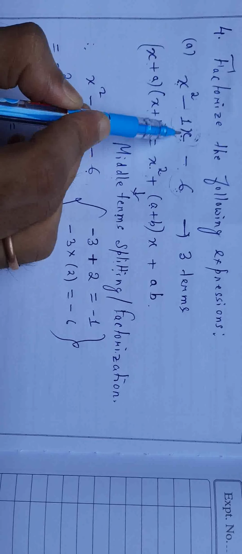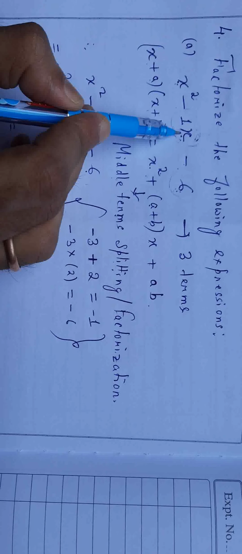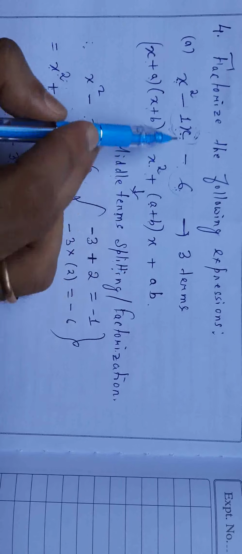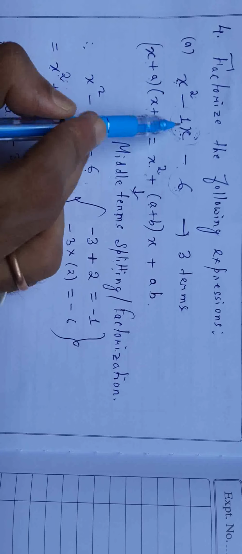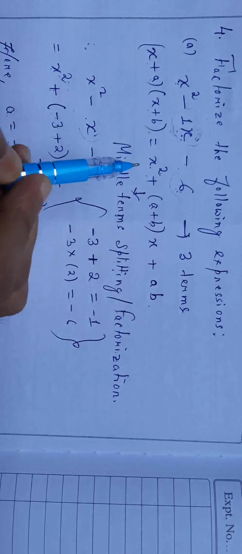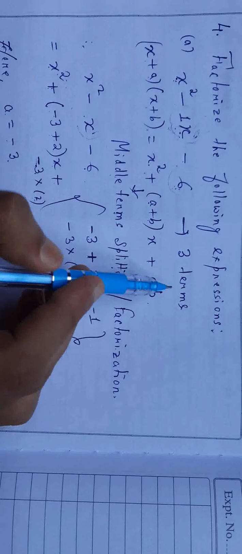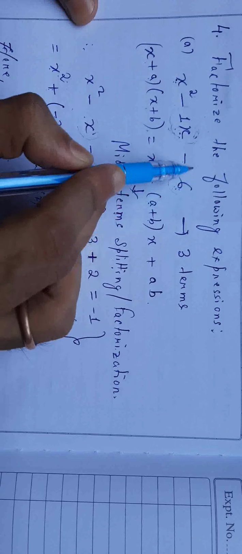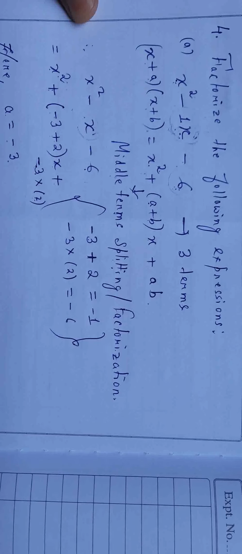Here it is minus x, which is also minus 1. So we'll take two numbers such that adding gives minus 1.